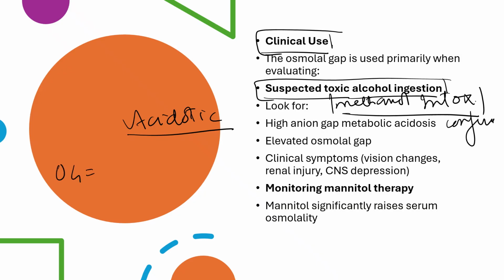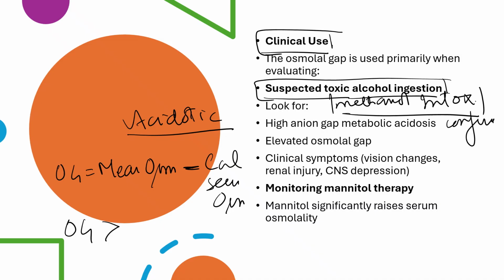So you will get the measured osmolality from the blood, and then you calculate the osmolality, which is called calculated serum osmolality, and that will give you an osmolar gap. If it is high, let's say greater than 15, you combine it with the clinical situation.